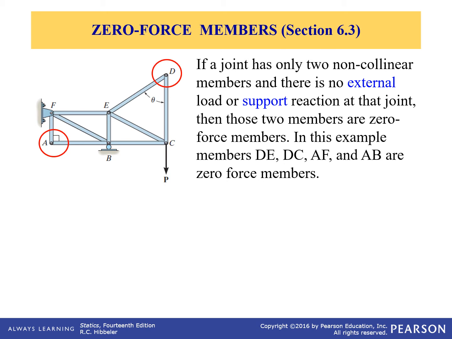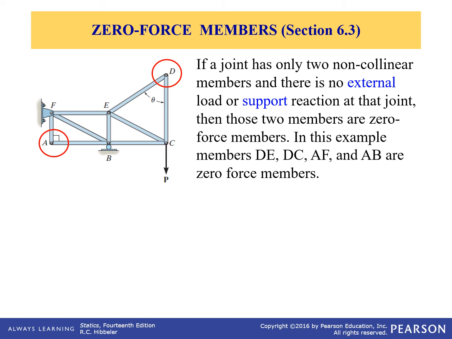Why? Because if they had any forces on those members, the system wouldn't be in equilibrium. Remember, we're assuming that it's in equilibrium. The same thing happens with DC and DE.